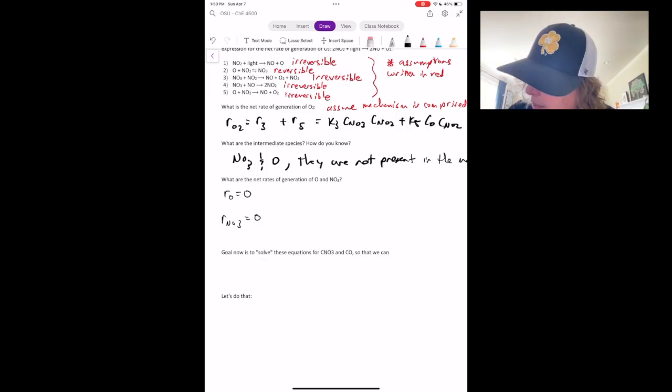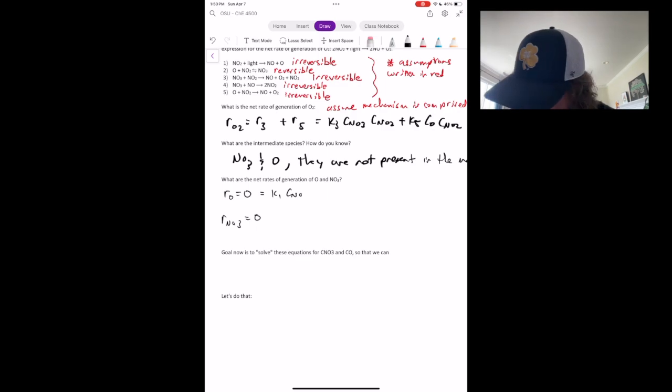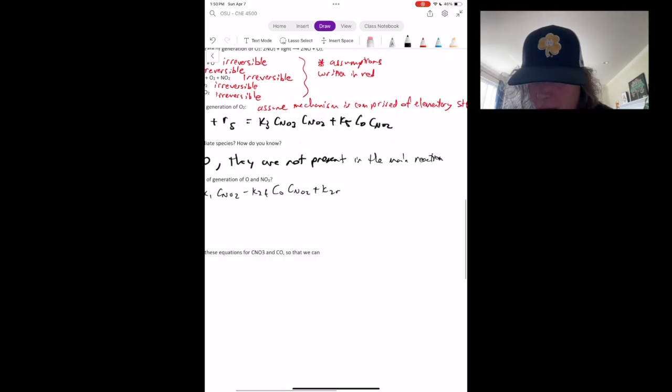So the rate of formation of atomic oxygen is going to have contributions from reaction 1, reaction 2, which is reversible, and reaction 5.